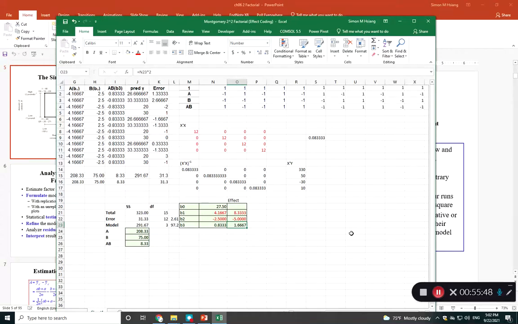Everybody with me? Pay attention, okay? Eye contact, please. If I only have A effect, it's 8.33. Means what? Here is some magic formula. When I put A in, just A, nothing else, the effect is 8.33.